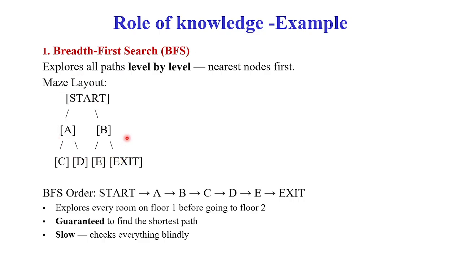So how is the order of execution? It will start, it will go to A, it will go to B, it will go to C, it will go to D, it will go to E and finally exit. So it explores every room on floor 1 before going to floor 2. Now this is floor 1, this is floor 2, means in this floor it has to explore both A and B. So naturally this is a slow solution and it checks blindly.